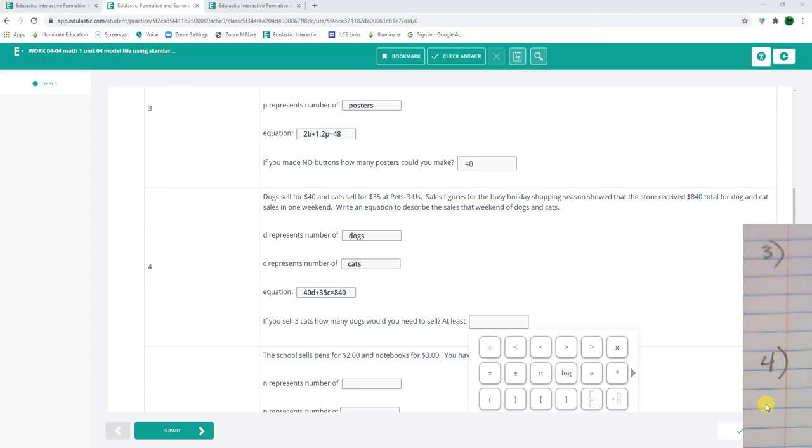If you sell 3 cats, how many dogs would you need to sell? At least 18? At least 19. I've got to sell at least 19 dogs. I don't know what I'm going to expect here. It's either 18 or 19. Let's go with 18 and see if it's right.